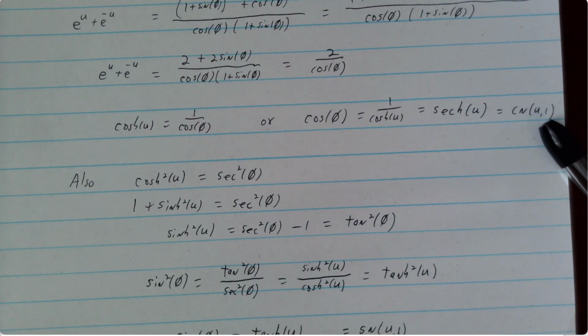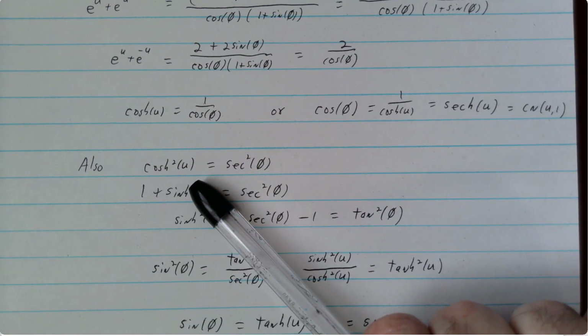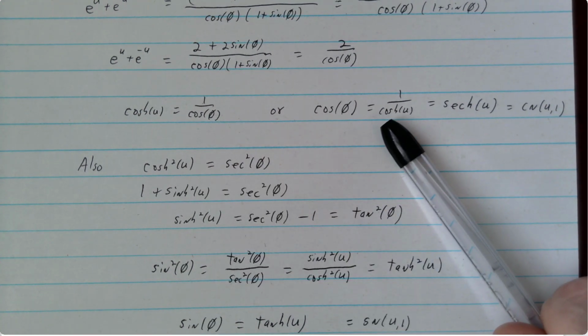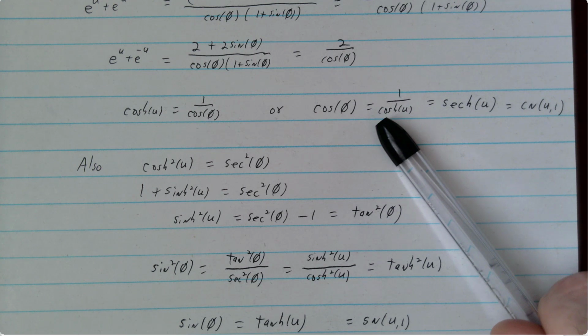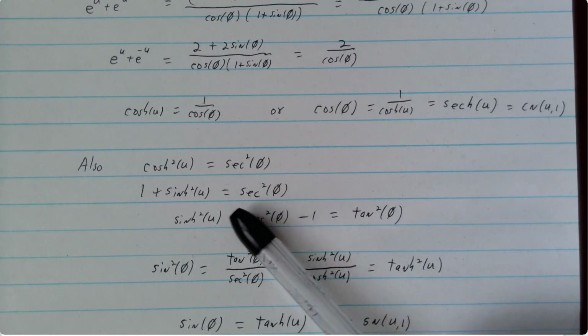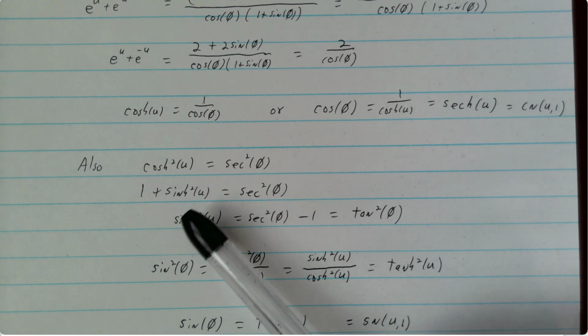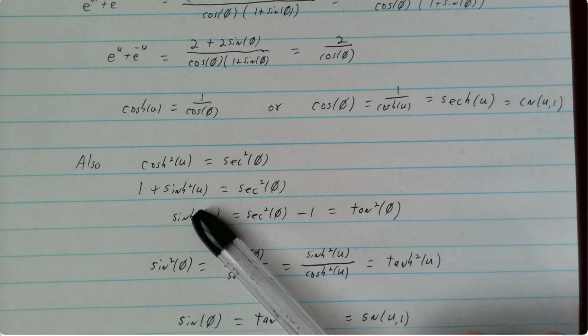And then back to this equation, well, I guess take the reciprocal. Cosh squared is 1 over cosine squared, or secant squared, and then cosh squared is also 1 plus sinh squared. It's the identity of hyperbolic functions.